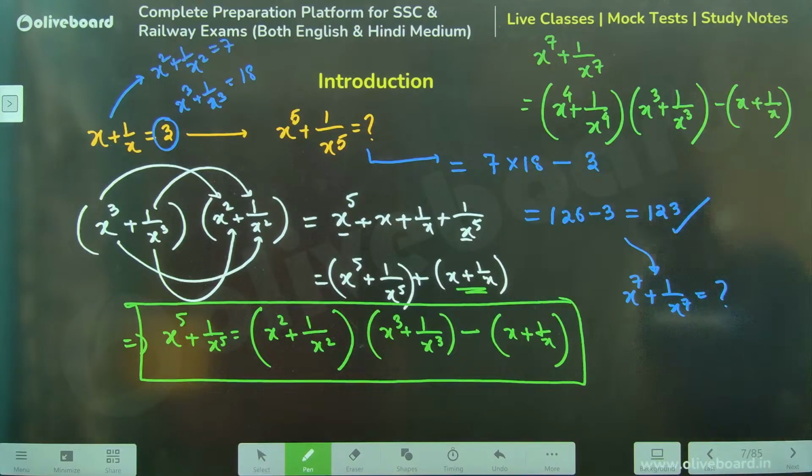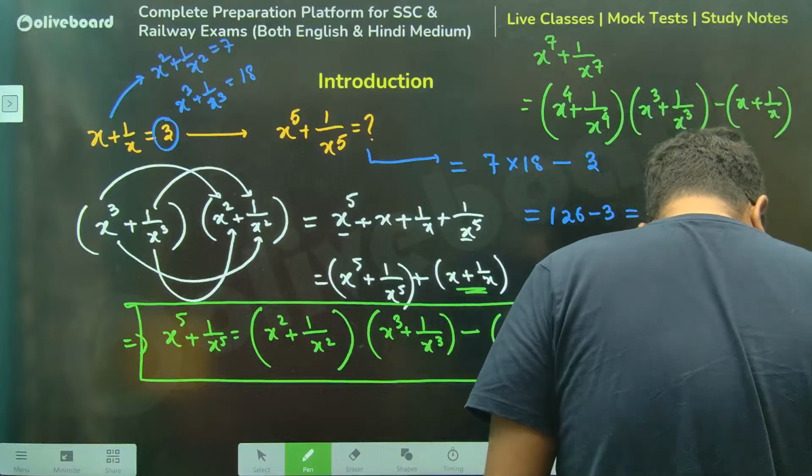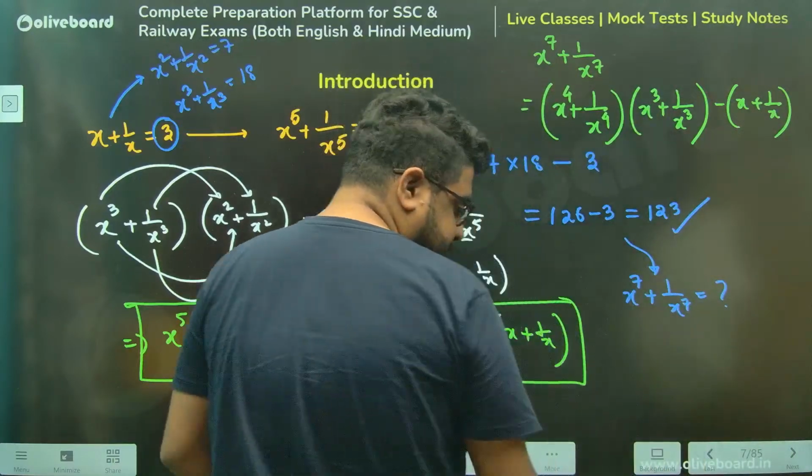Any answer? 843 I got. Chalo, let's see.